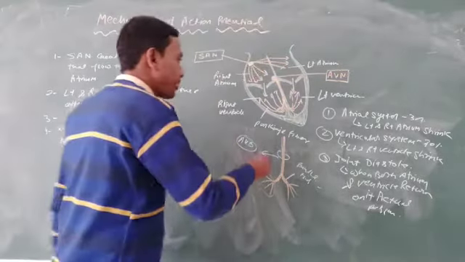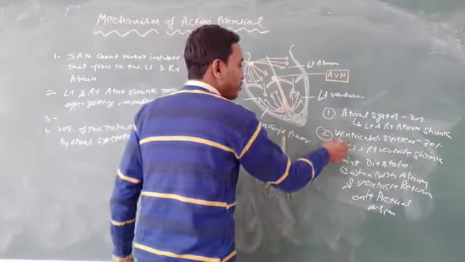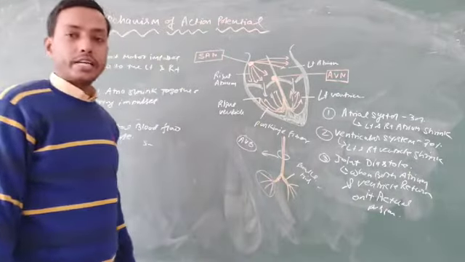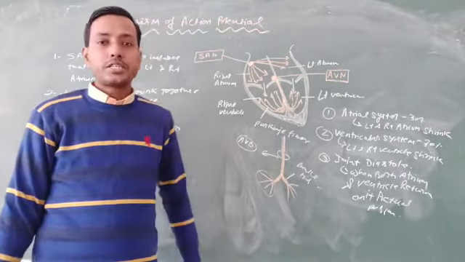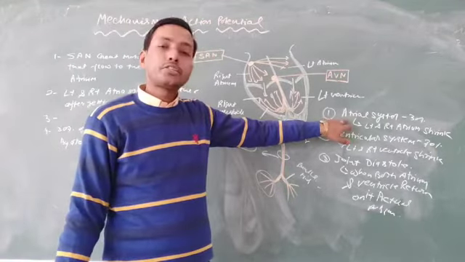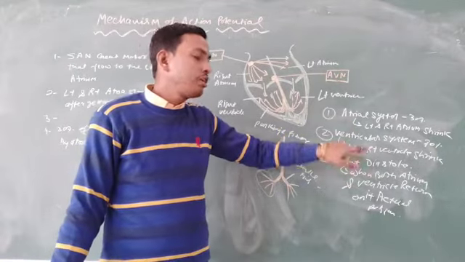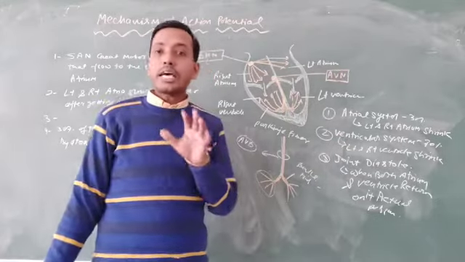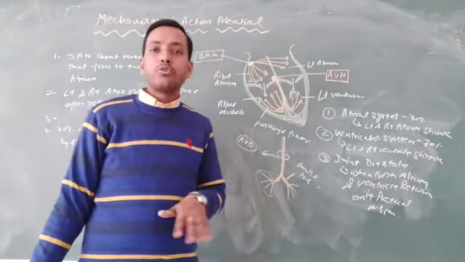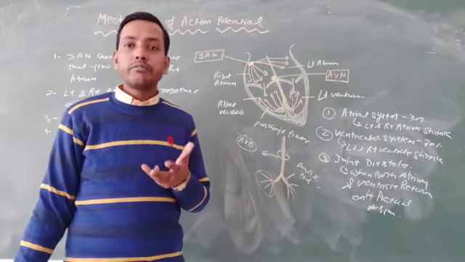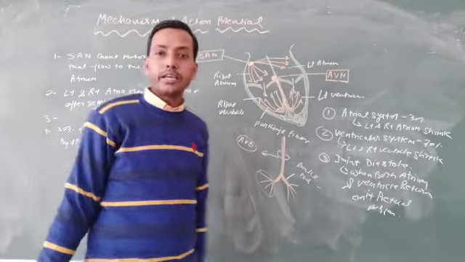Now, the atrial systole, ventricular systole and joint diastole collectively form a cyclic process. First the atrial systole, then the ventricular systole, then the joint diastole. This cyclic process is collectively known as the cardiac cycle.